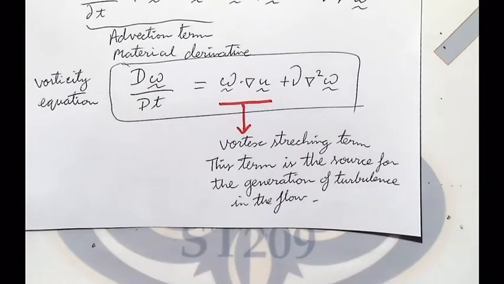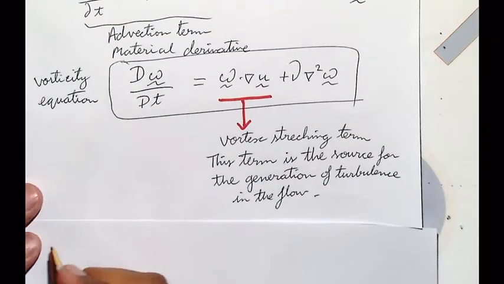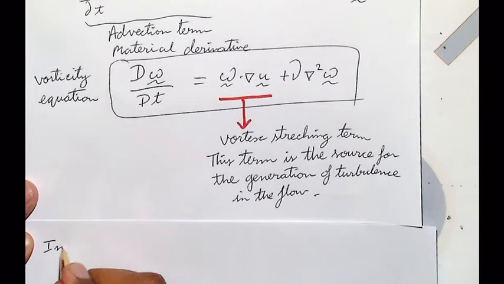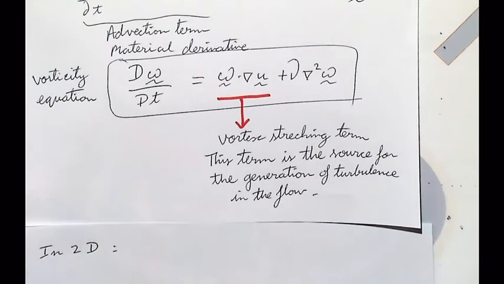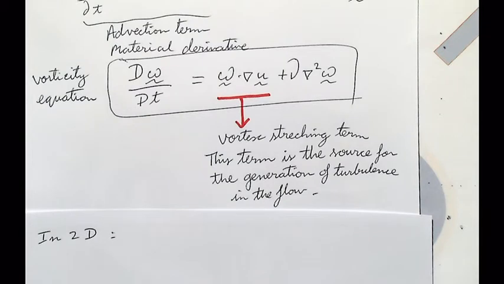Something very strange happens in 2D. Do you remember how vorticity behaves in 2D? Is there omega x and omega y, or something else? It was omega z.